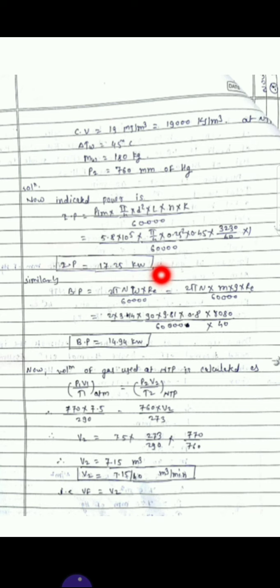Now next, we have to find out the break power. Here we are not able to use PBM into Vs into N into K because break mean effective pressure was not given. Indicated mean effective pressure was given. That's why we have used this for finding out the indicated power. Now for finding out the break power, we have to use the formula 2 pi NT divided by 60,000, and T is nothing but the torque.